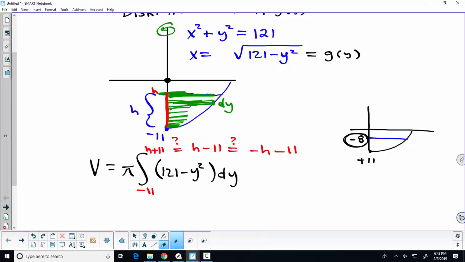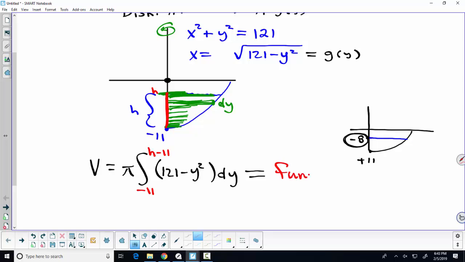In another context, it might make sense to say, well, I can just do whatever these other ideas that were thrown out. And notice our bounds, since they are the way they are, when we integrate this, we're going to get a function of y. But when we plug in our bounds, then we get a function of h.